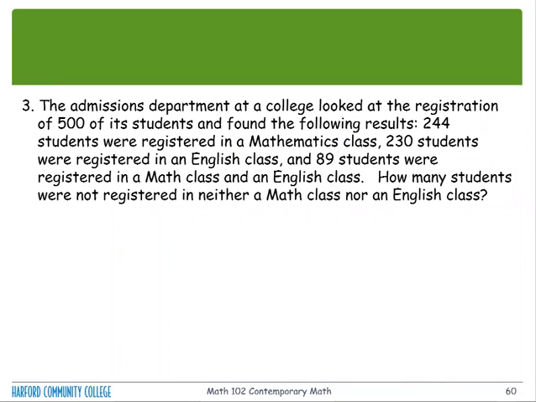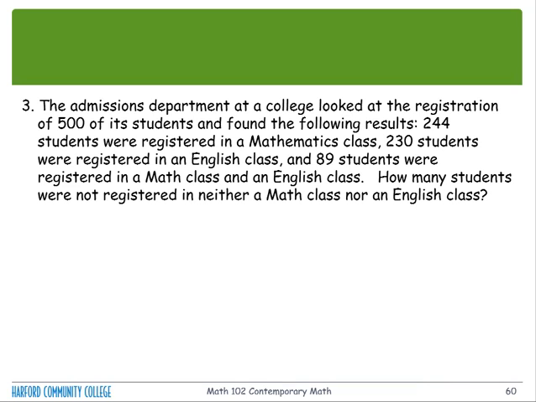The last example, the admissions department at a college looked at the registration of 500 of its students and found the following results. 244 students were registered in a mathematics class, 230 students were registered in an English class, and 89 students were registered in both a math class and an English class.